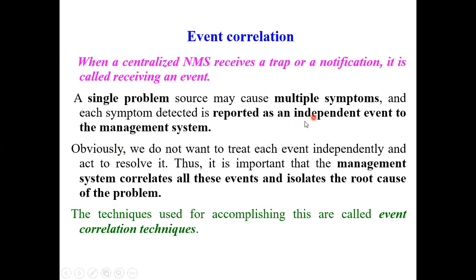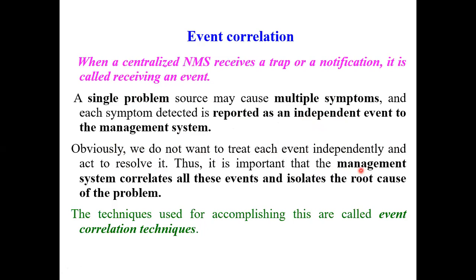When it was reported to the NMS, there were multiple symptoms, but the cause was only one. If we try to treat each event independently, how much work will increase, while the source was only one. So what the class teacher will do is try to correlate.